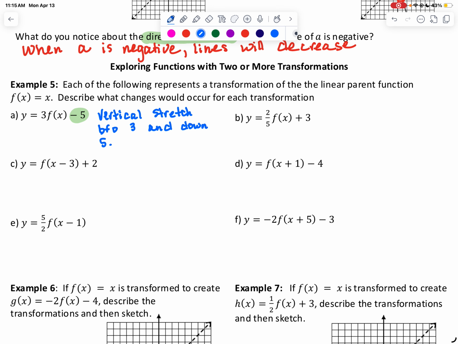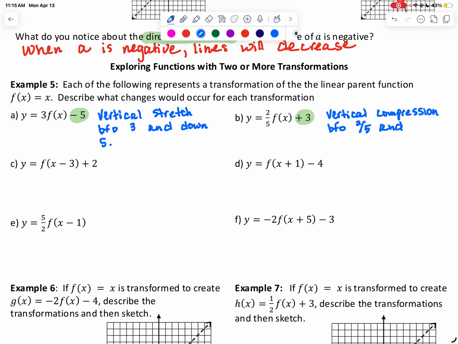This time we have y equals 2/5 times f of x plus 3. Well, now our value of A is between 0 and 1. So this means we're going to have a vertical compression by a factor of 2/5, and here we have plus 3.